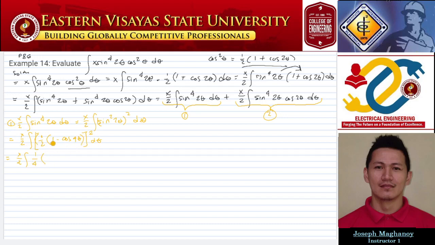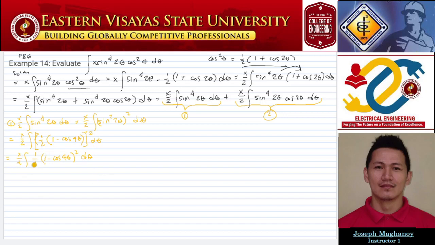So the remaining is 1 minus cosine 4 theta squared d theta. Okay. So what are we going to do next? Sir, you can carry out that real number constant 1/4 and expand 1 minus cosine 4 theta. Yes, that's what we're going to do.